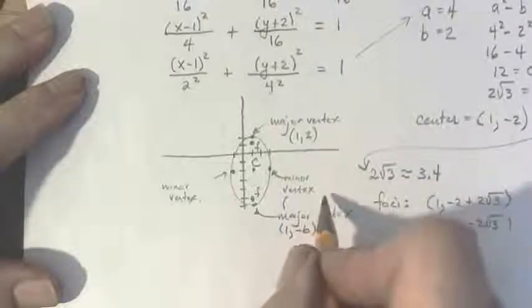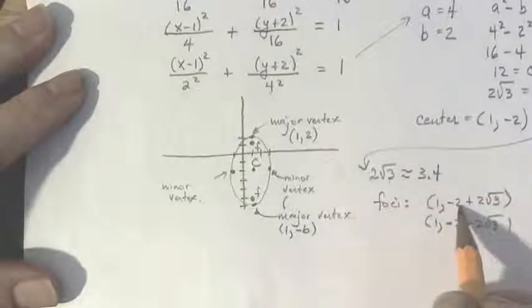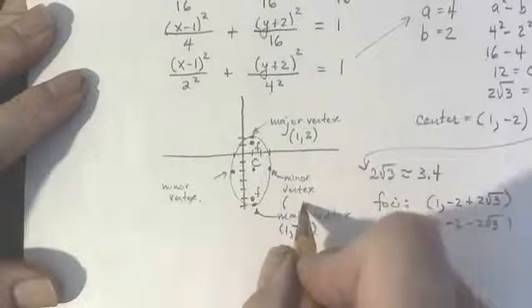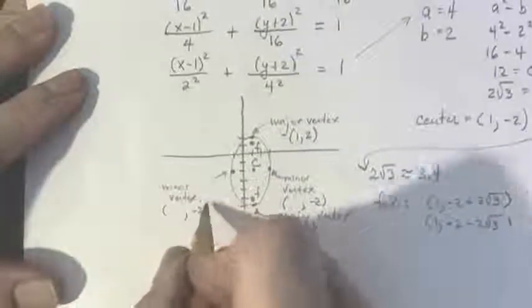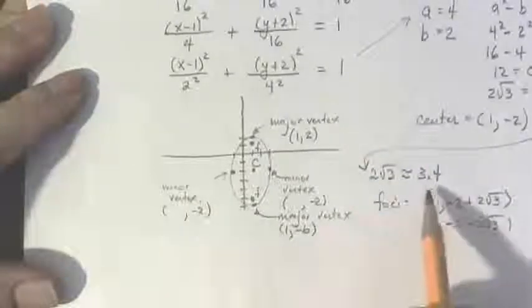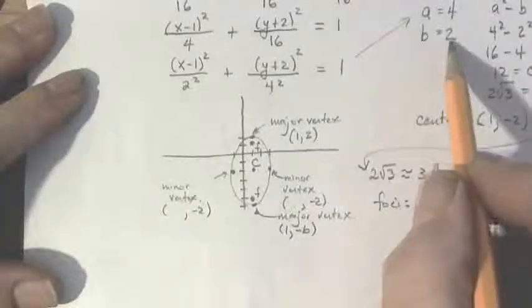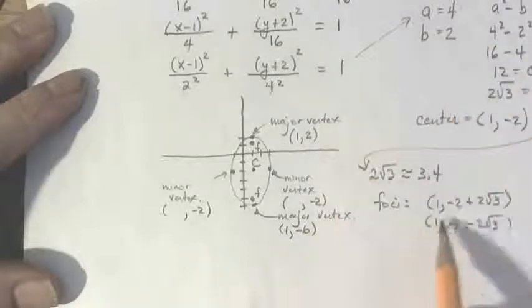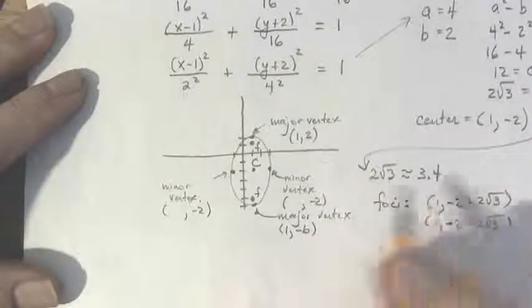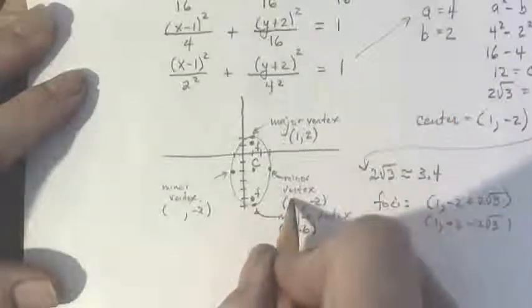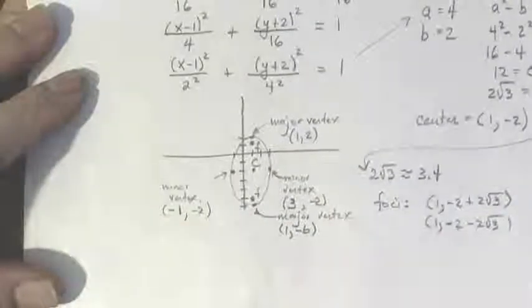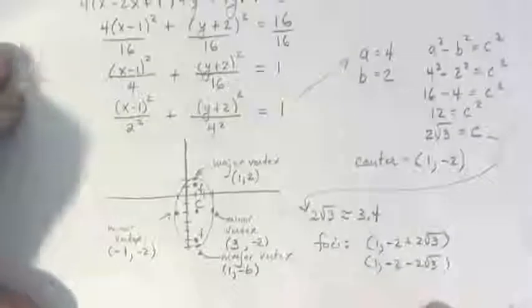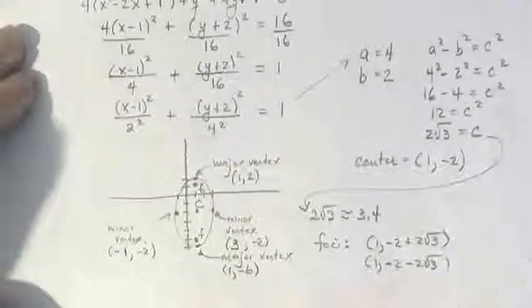The minor vertices would have the same y-coordinate. It would be minus 2, minus 2, and we would want to add the b to the 1. So 1 plus 2 is 3, and 1 minus 2 is negative 1. And that would be everything that was asked for.